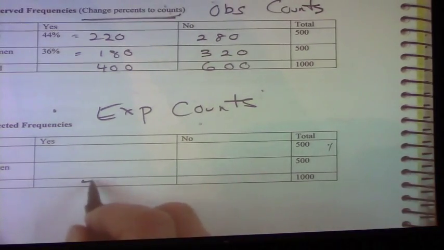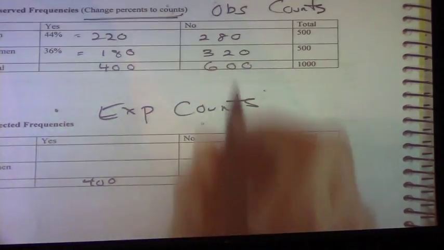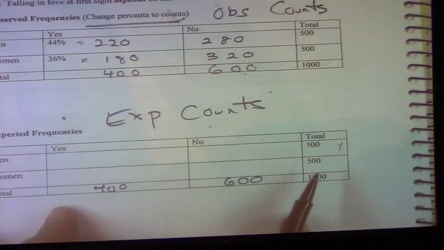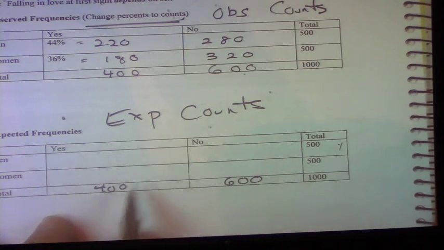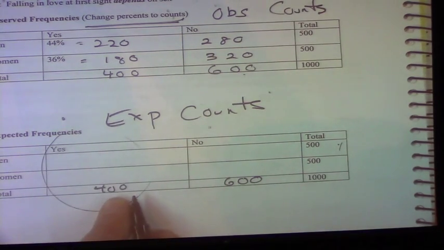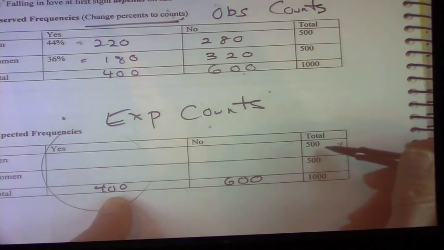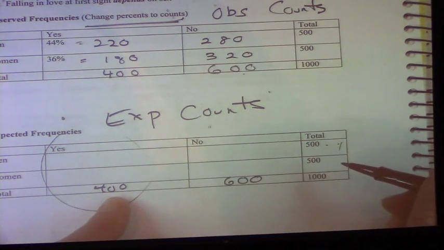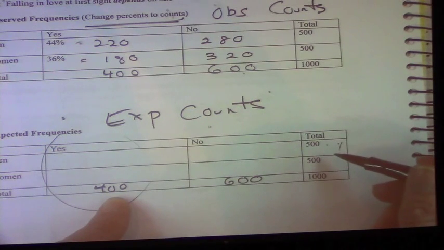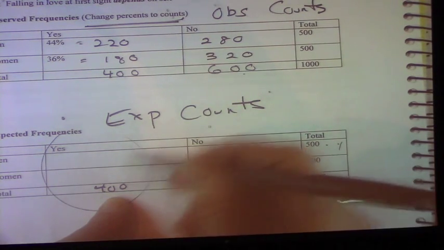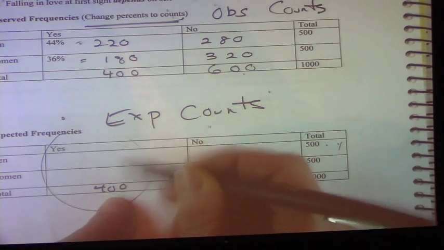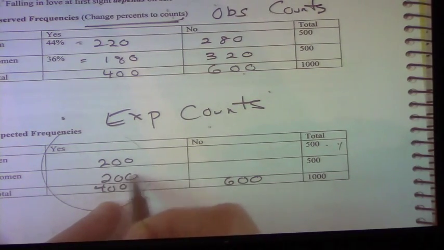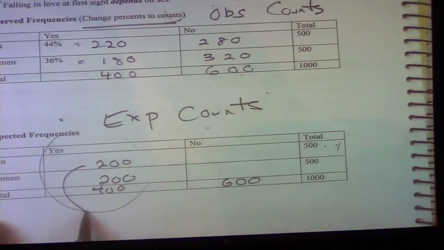We had 400 people who said yes, and 600 people who said no. So if there's no difference between males and females, then among the 400 people who said yes, if our sample is 50% men and 50% women, how should this be split? 50-50. So what should I put here? 200 and 200.